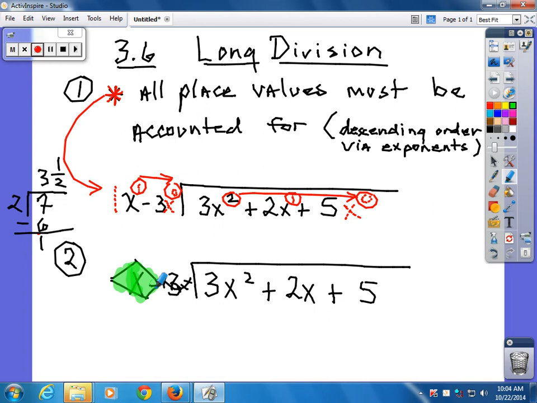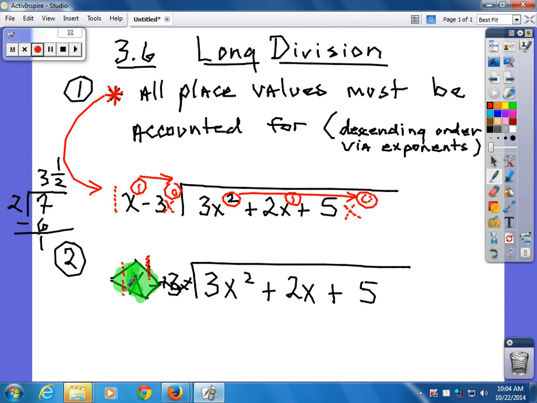And you say to yourself, how many times will x go into 3x squared? Now, remember, you're dealing with exponents here, and you're thinking about multiplication.